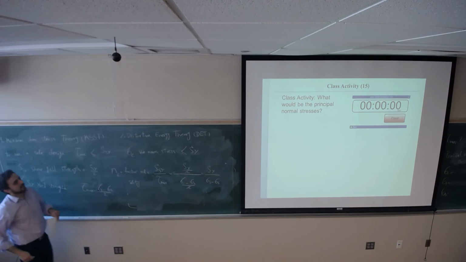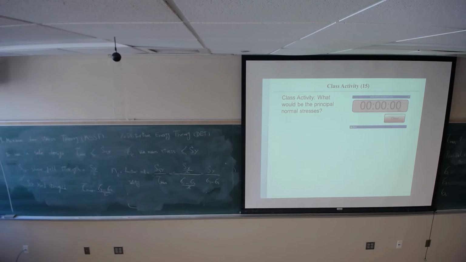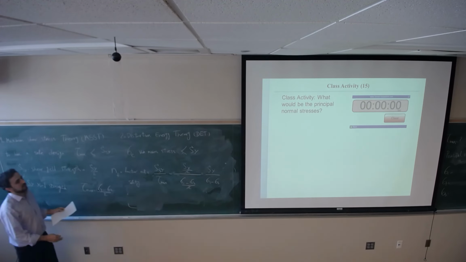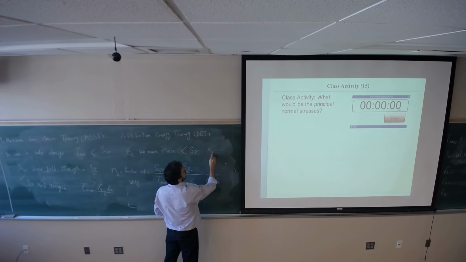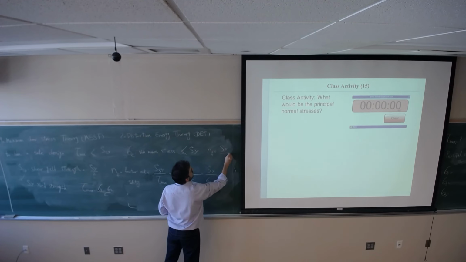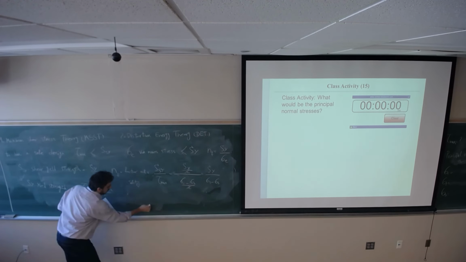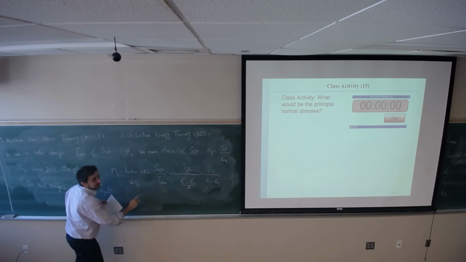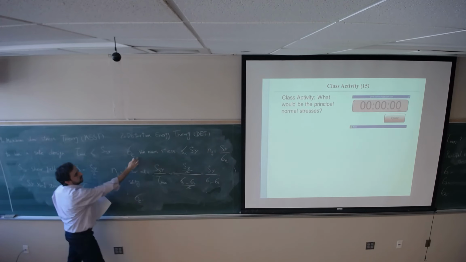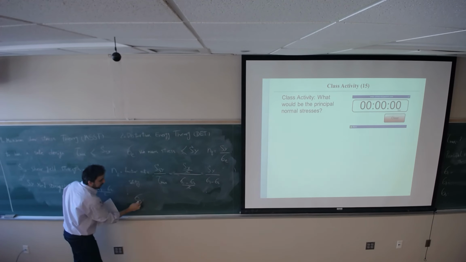As long as the von Mises stress is less than or equal to SY, we are going to have a safe design. And the factor of safety is defined as SY divided by sigma von Mises.